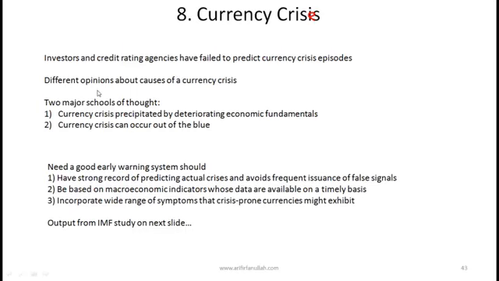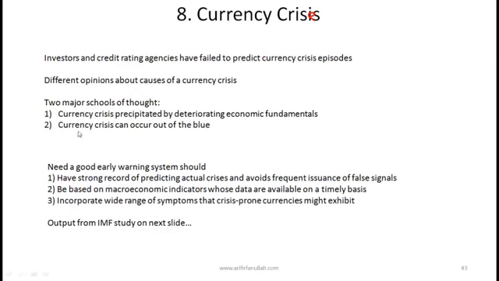There are several different opinions about the causes of a currency crisis, but the two major schools of thought are as follows. First, that currency crisis is precipitated by the deterioration of economic fundamentals.